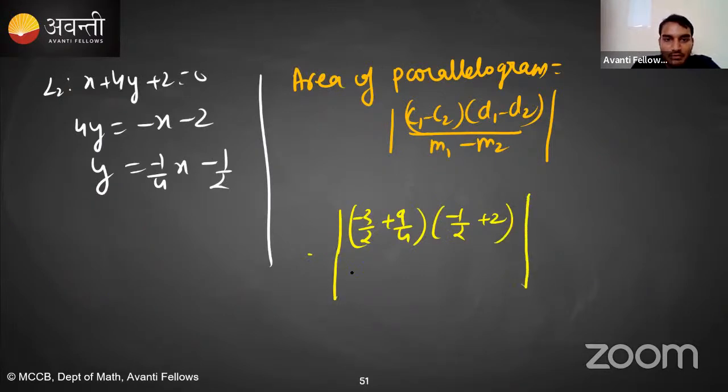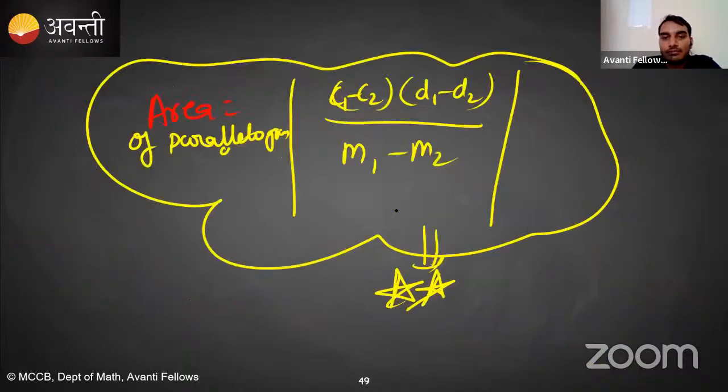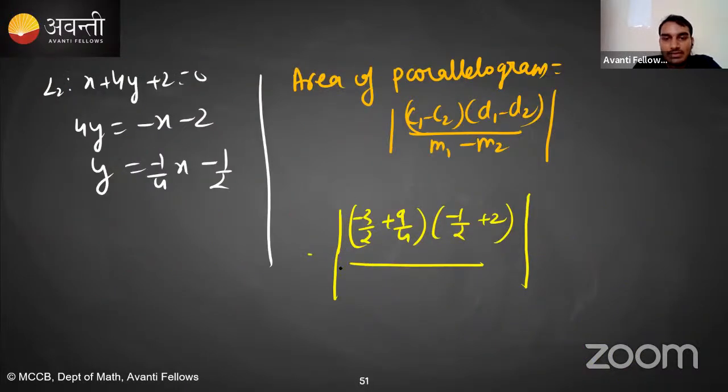Divided by m1 minus m2. What is m1, students? Slope of this line, which is minus half. What is m2? Slope of this line, which is minus 1 by 4. So m1 minus m2 is minus half plus 1 by 4. So this would be your area.